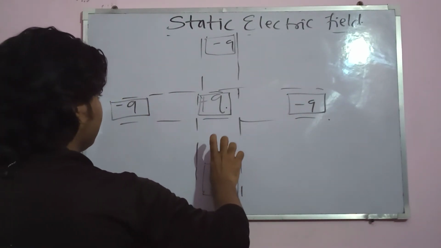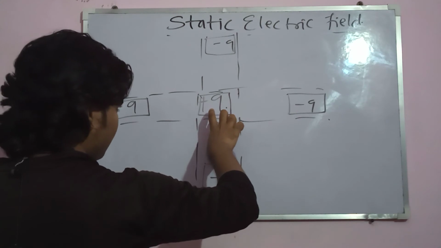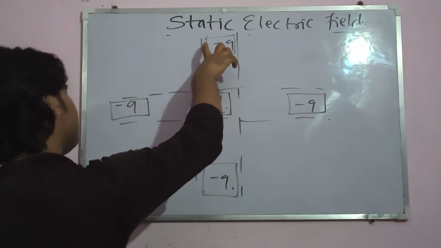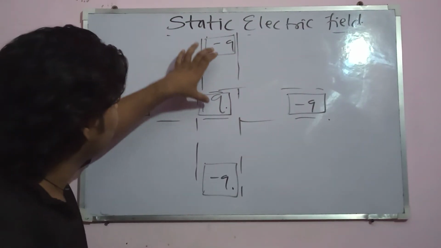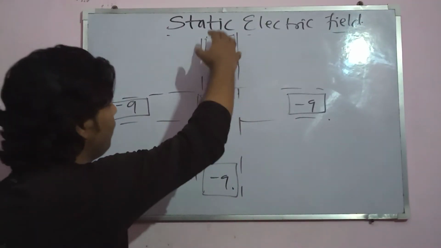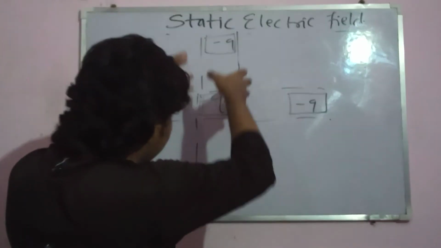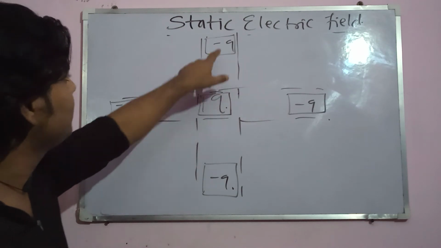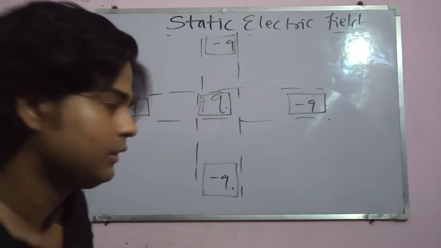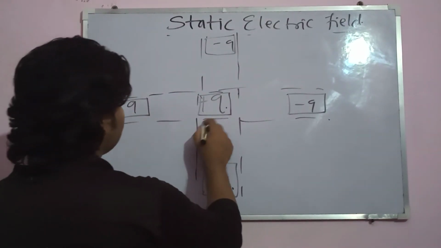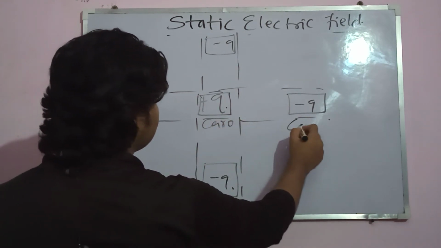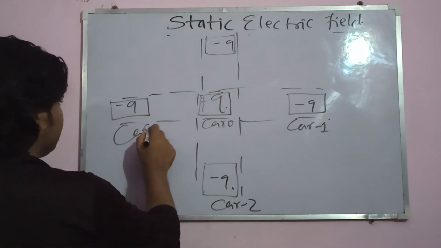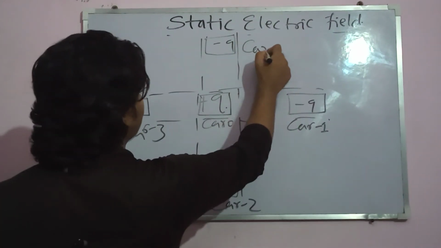Similarly, this car and this car are attracting each other, and hence all four cars are coming towards plus Q. Means car 0 is attracting car 1, car 2, car 3, and car 4.